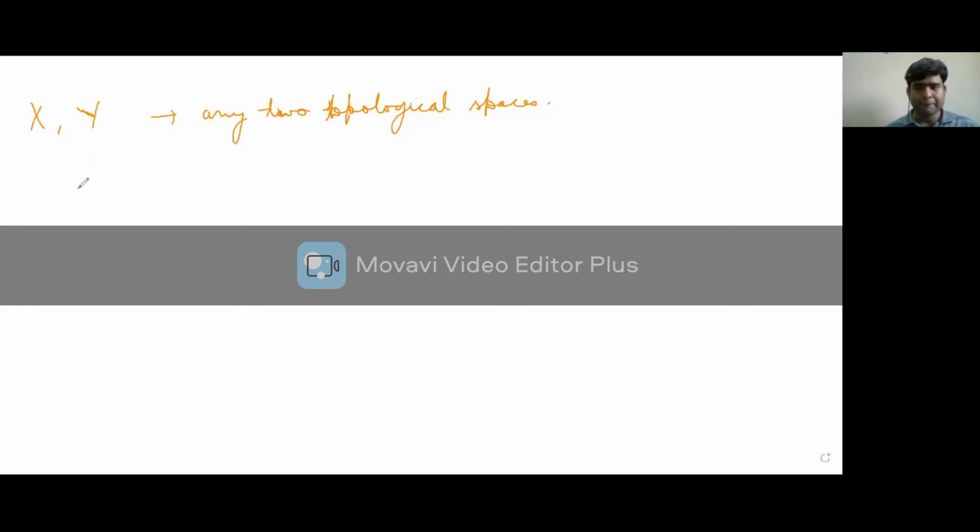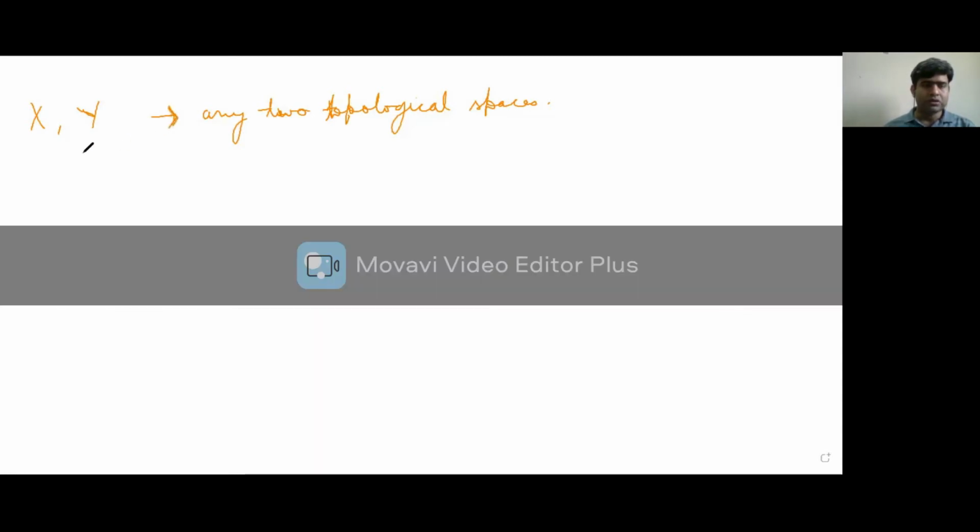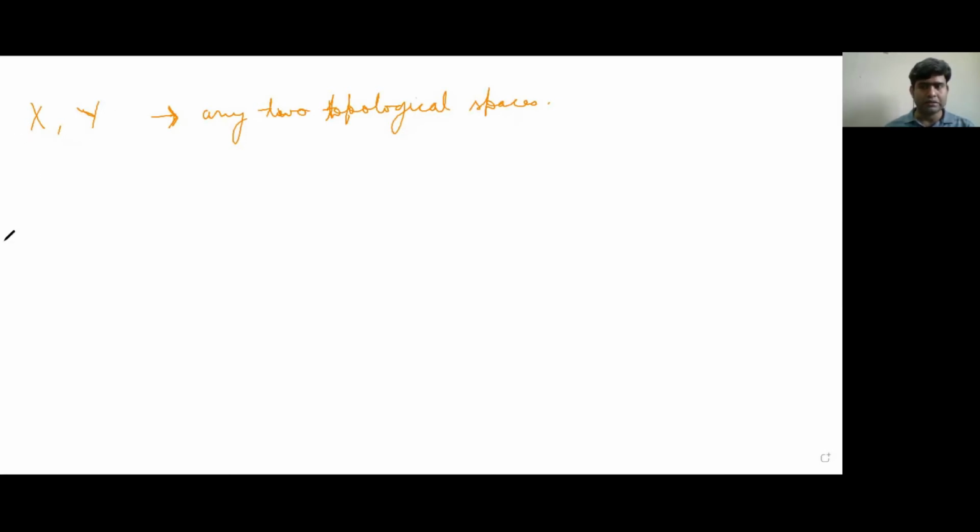So we were talking about the characterization problem. Given any two topological spaces X and Y, how do we decide whether X and Y are homeomorphic or not?